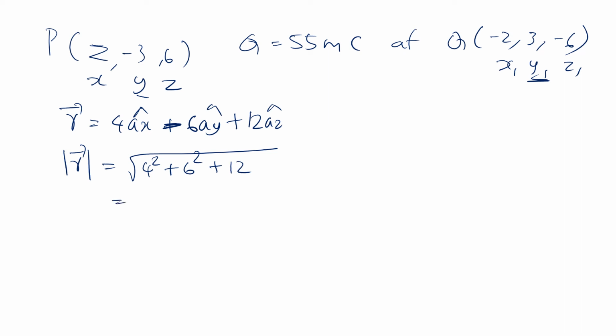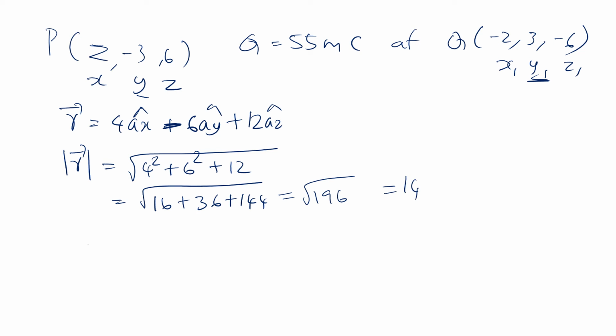So that will be square root of 16 plus 36 plus 144, which will be 196. So square root of 196 is 14.